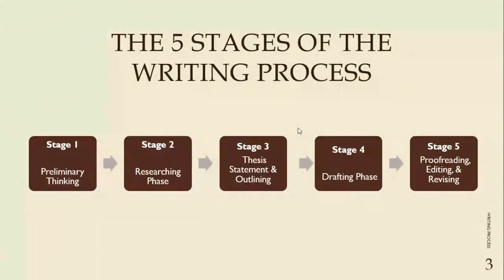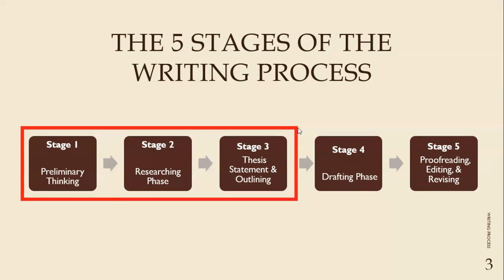Now, what are the 5 stages of the writing process? We've got stages 1 through 5. We are predominantly going to focus on stages 1, 2, and 3 in this particular video. So stage 1 is preliminary thinking. This is essentially the brainstorming phase when you start gathering all the material you need as far as what you want to write about.